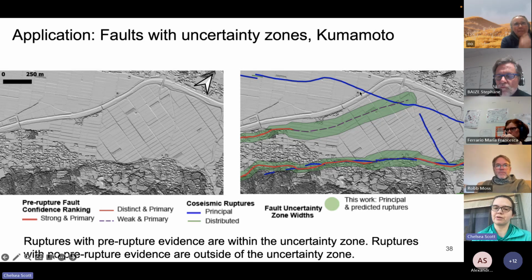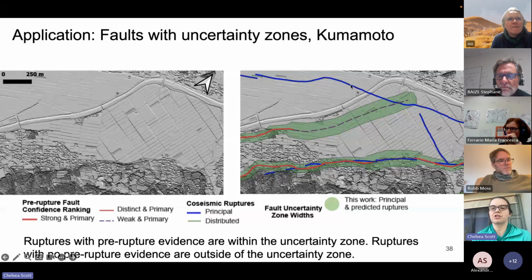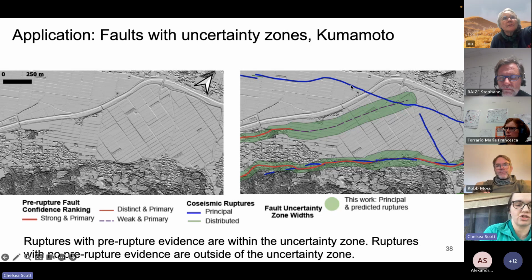Unfortunately, the fault uncertainty zones do not contain these ruptures that cross the agricultural landscapes, and these ruptures did have no pre-rupture evidence, at least in the topographic hillshades, and so it is expected that these ruptures are outside of that fault uncertainty zone.